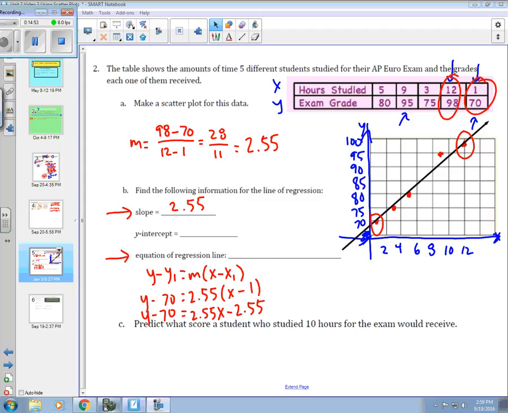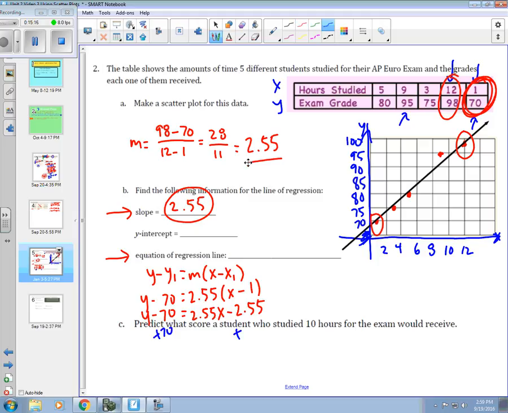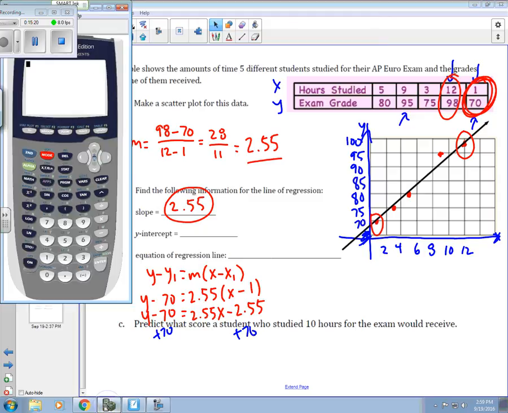All right, let's check what you got. Using that, you should have gotten a slope of about 2.55. I kind of rounded there. Now use your slope in one of the points. I picked this lower one with our slope of 2.55, put it into the slope intercept equation, solved it here. Last step would be add 70 to both sides. Doing that, again, make sure you got negative here.